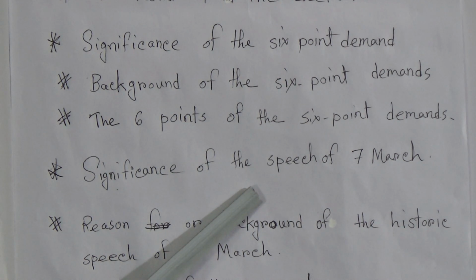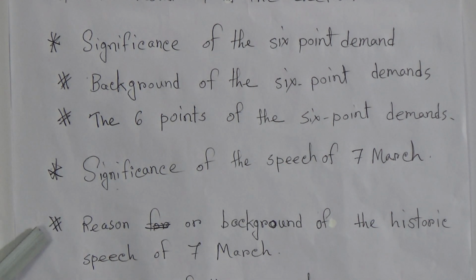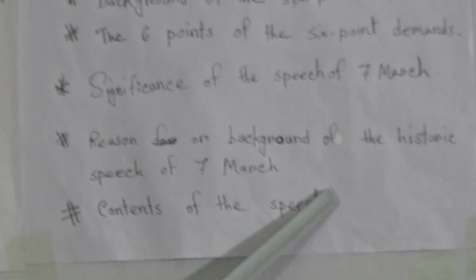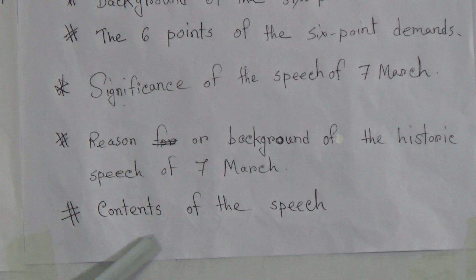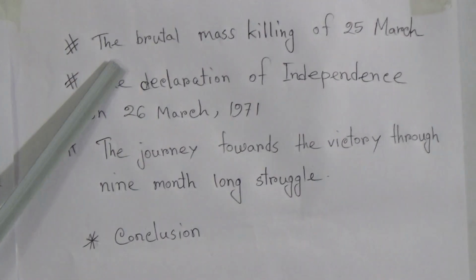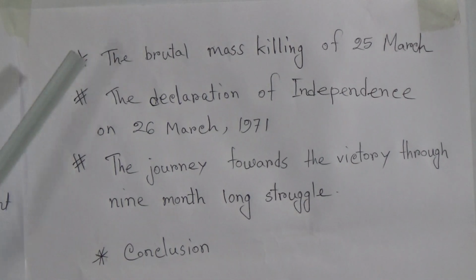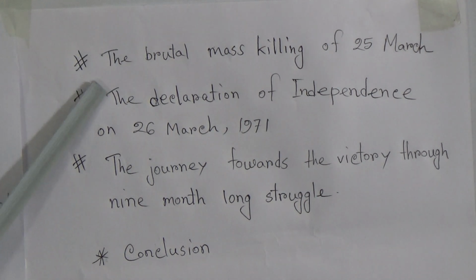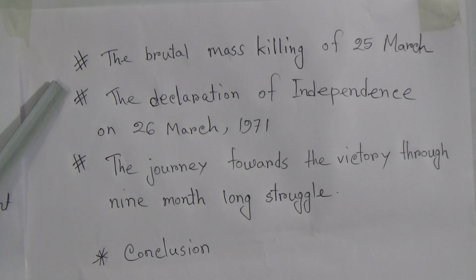Okay, so you have to write the contents of the speech also. Okay, what did he actually say in the speech? Okay, you have to write in short in your own words, and then you have to give a short description of the journey from the speech of 7th March towards the victory of Bangladesh.